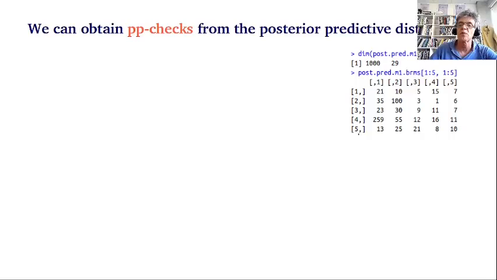We have 29 data points, and we asked for 1000 iterations, so we have 1000 rows. Each of these rows is a set of values of the response variable for each of the 29 data points of our data set.